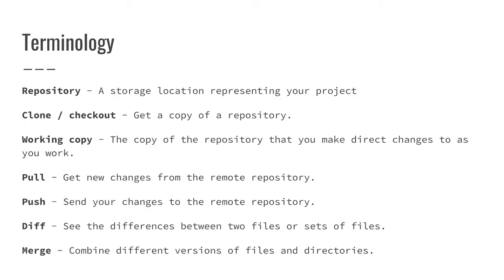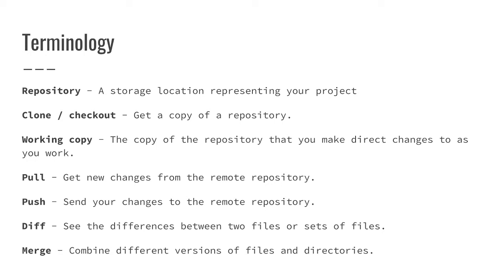So here are a few things that you should know, some terminology. A repository is a storage location for your source code and other assets, all your files. Cloning or checking out is getting a copy of your repository. Your working copy is what you have locally, and that's what you're messing with.